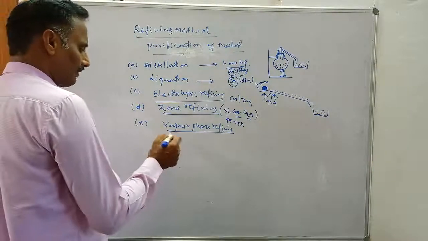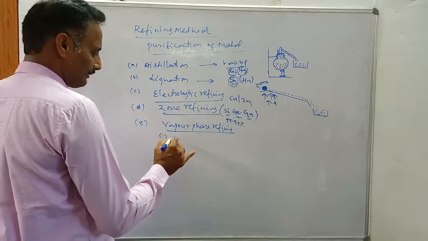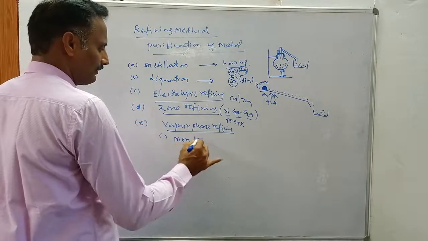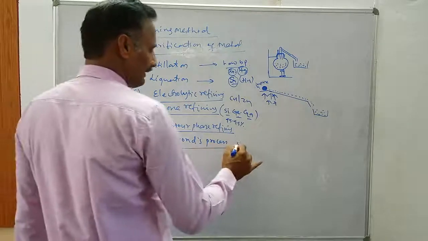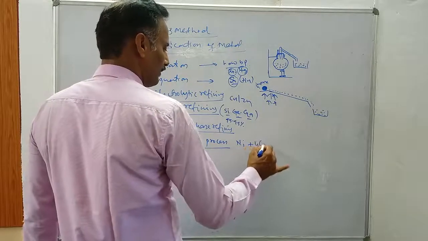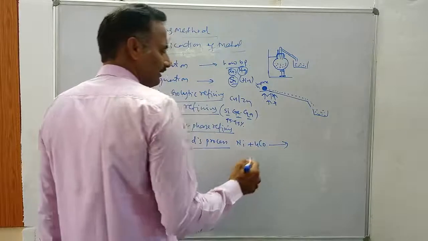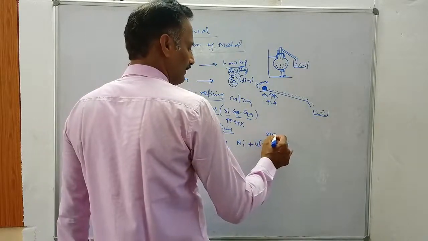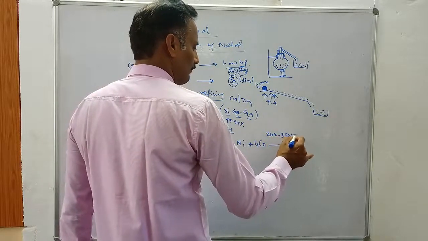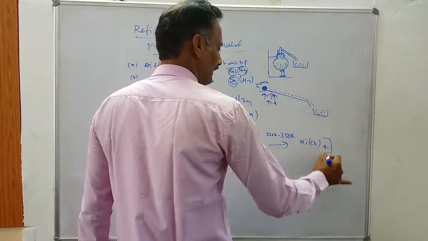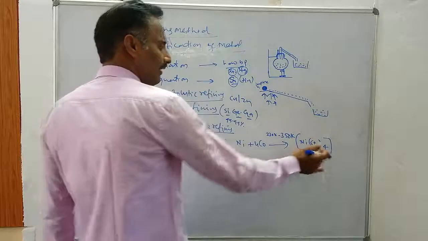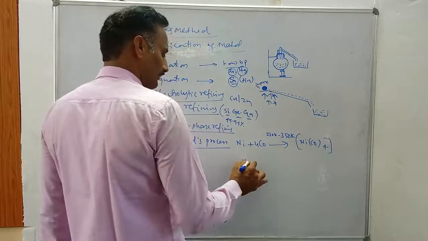In this method we purify two metals. One is Mond's process, in which nickel is purified. When impure nickel is treated with carbon monoxide at about 330 to 350 Kelvin, we get tetracarbonyl nickel complex.